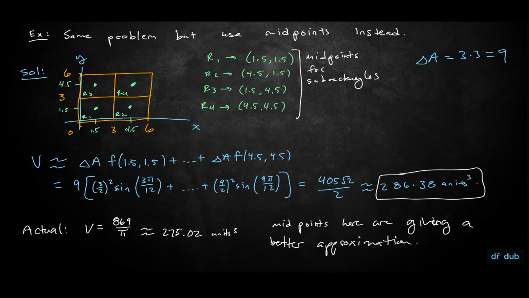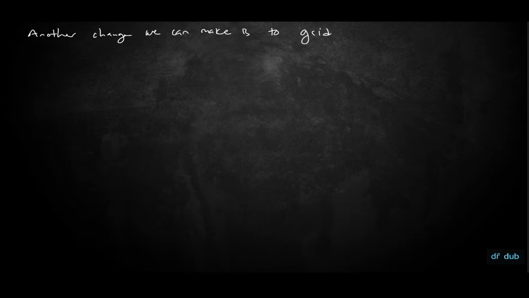So the evaluation point makes a big difference. Picking a good evaluation point makes a big difference, but also changing the grid size will also make a difference. So another change we can make is to the grid size.